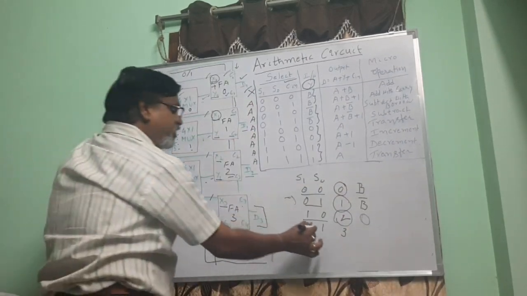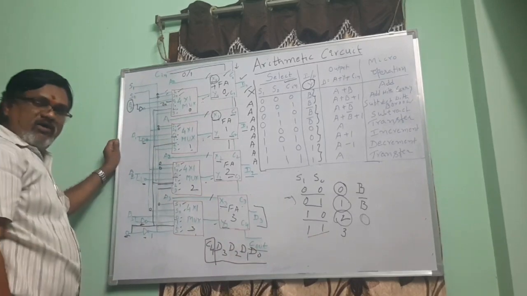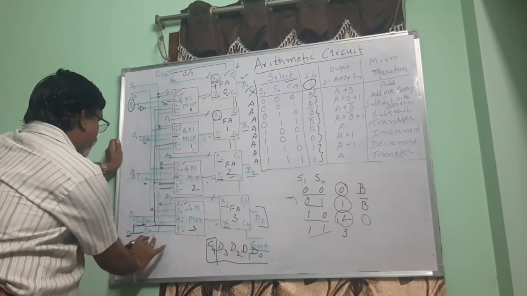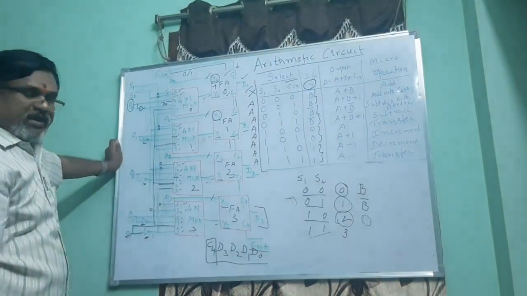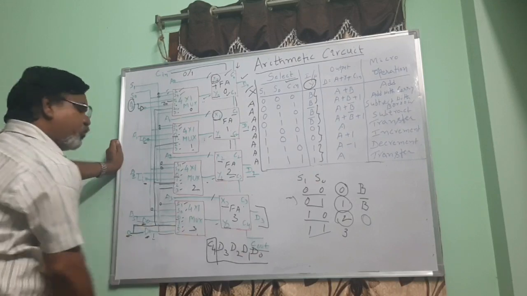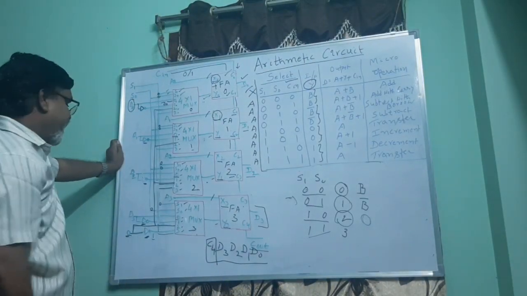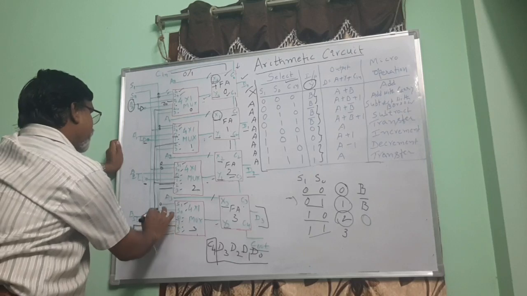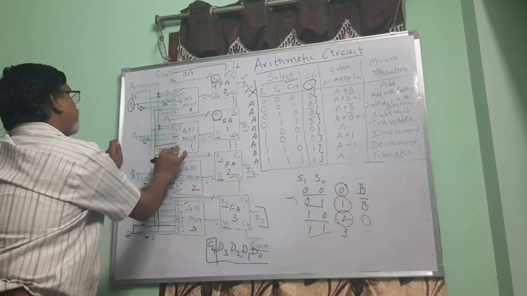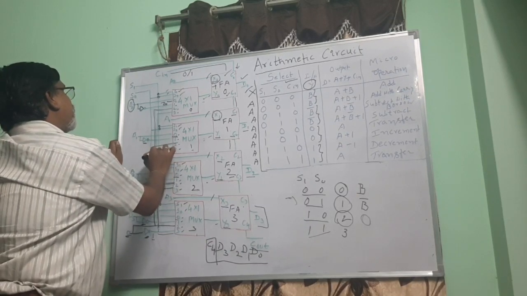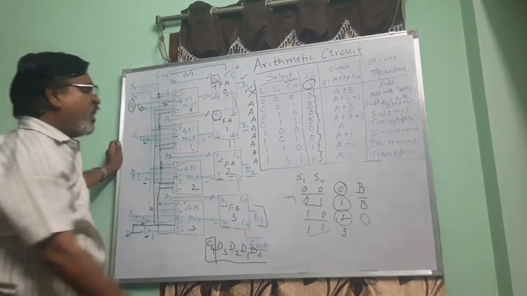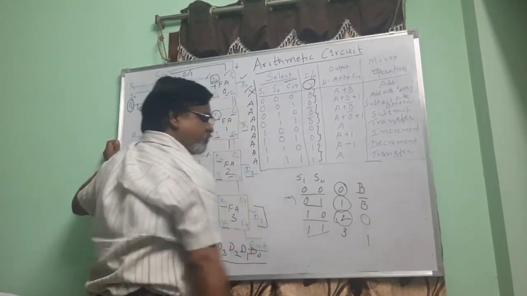Now, if S1 and S0 are 1, 1, this 0 gets complemented by using a NOT gate. So the 0 becomes 1, and that is the input given at position number 3, the 4th pin. The same is given at position number 3 for all multiplexers. So here it will be 1.